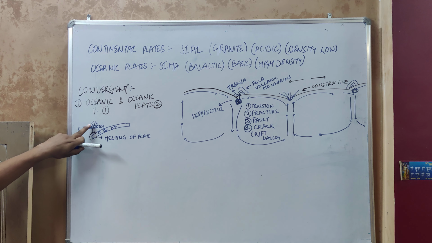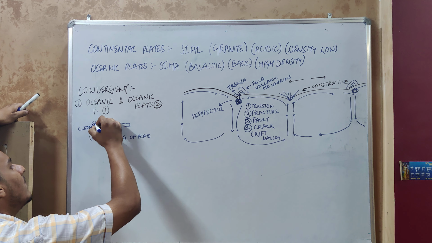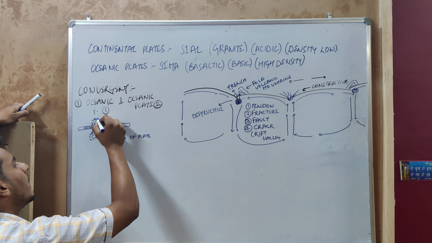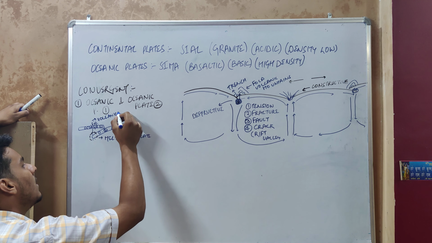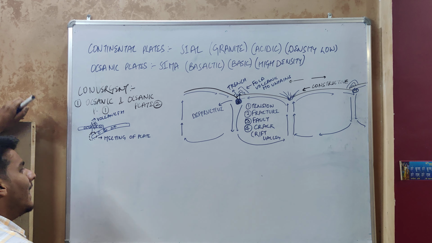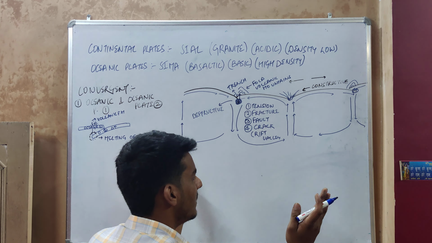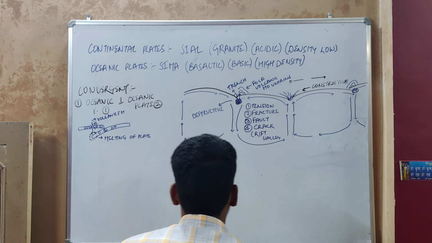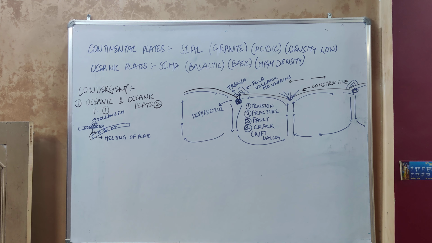When this lava which is coming outside solidifies, it will make volcanic fold mountain. Why fold? We will be talking about this volcanic fold mountain. Why? Because there is a convergence. When we see divergence, then there will be a rift valley, and when we see there is a convergence, then we will see fold mountains, right?